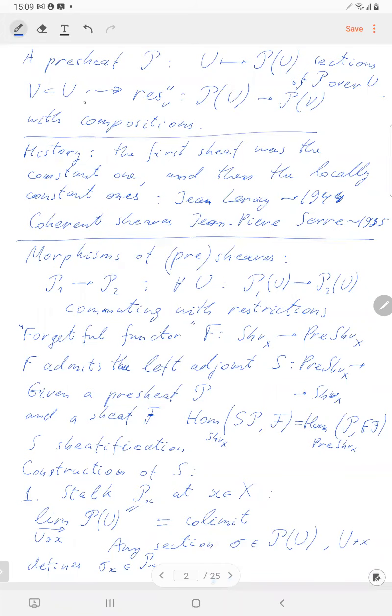Okay, so let's consider an example, when our presheaf is actually a sheaf, the structure sheaf of an affine algebraic variety. We have a point x, which corresponds to the corresponding maximal ideal.